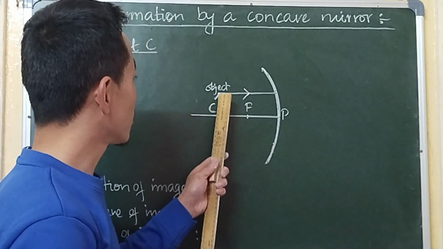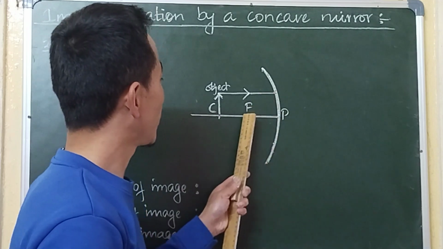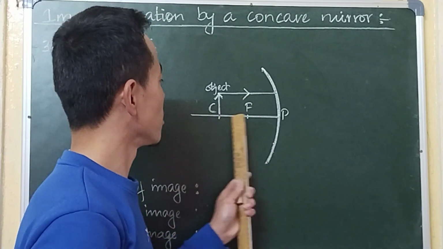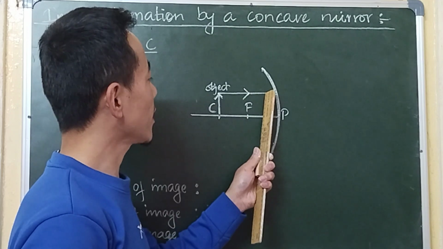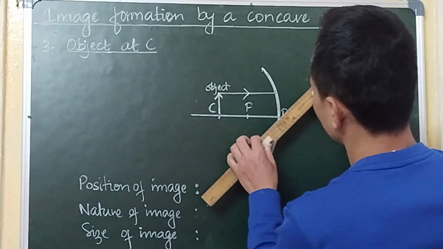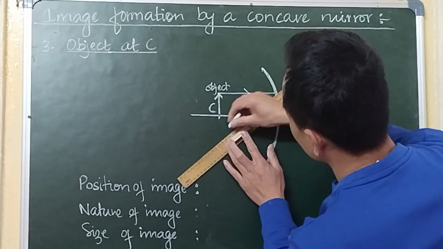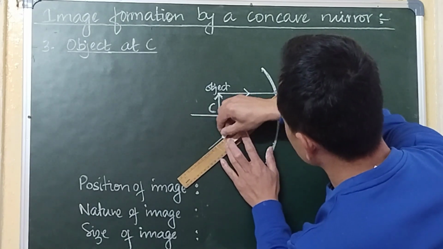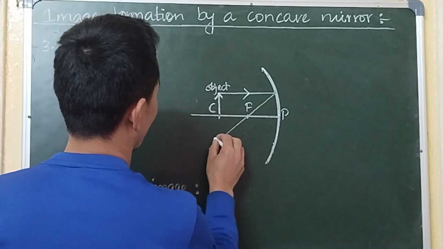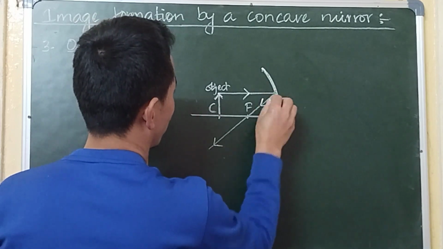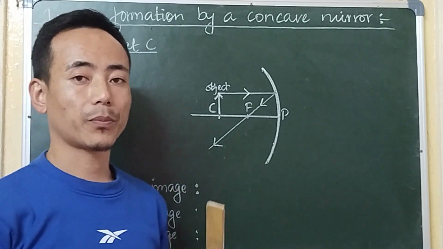So this is the first incident ray, and the incident ray, as you can see, is parallel with the principal axis here. So the rule says if the incident ray is parallel with the principal axis, after reflection, it passes through the focus. So here you can draw the reflected ray which is passing through F. So this is following rule number 1. So this is the reflected ray that is passing through the focus F.